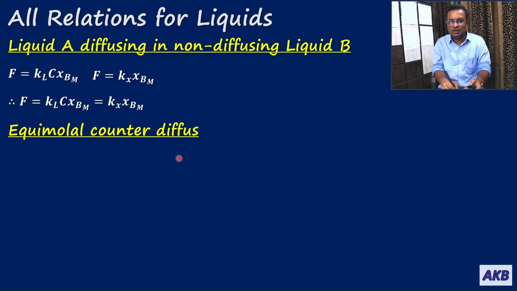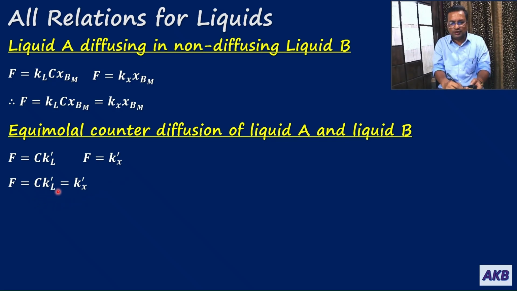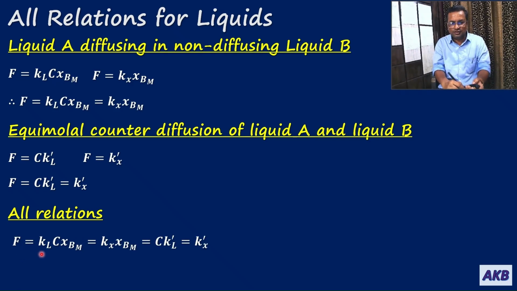Then for equimolar counter diffusion of liquid A and liquid B, F is equal to C into K'_L and F is equal to K'_X. That is, F is equal to C into K'_L, that is equal to K'_X. So all relations will be, finally, F is equal to K_L into C into x_BM, that is equal to K_x into x_BM, that is equal to C into K'_L, that is equal to K'_X.